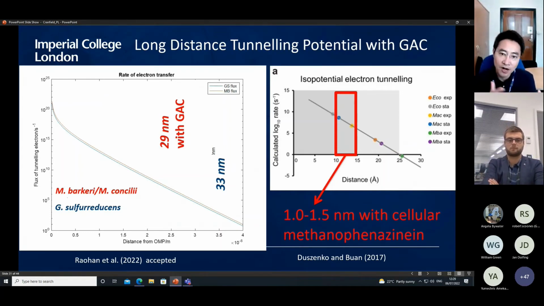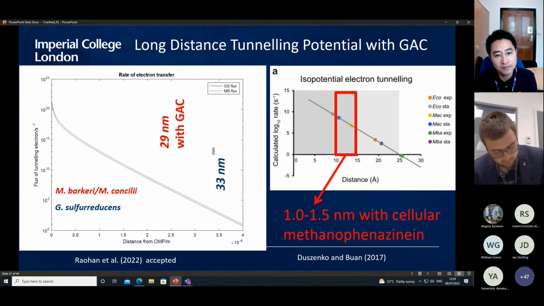Our understanding is that our system uses a similar idea, because we have GAC and a certain Geobacter abundance, and we feed raw sewage at a COD of about 100 to 150. We calculated the GAC power density, how water can be a medium for tunneling, and the minimum range they can reach.